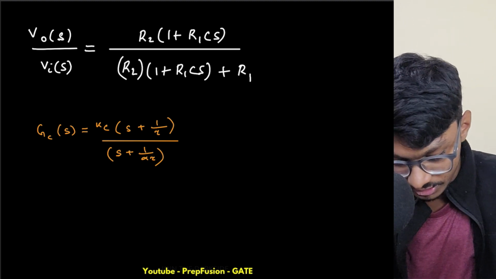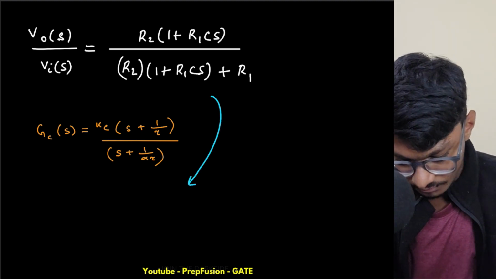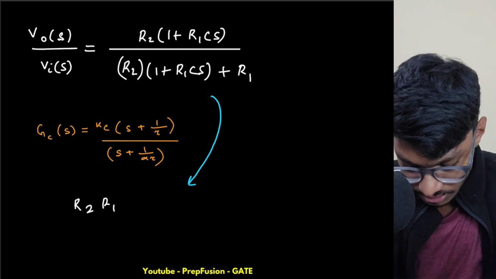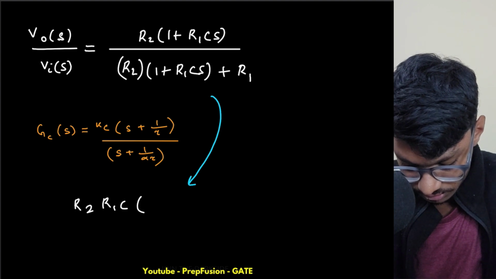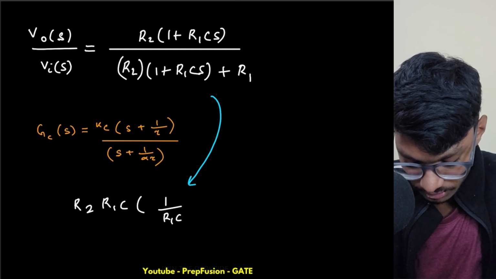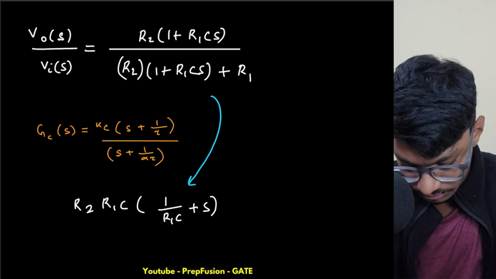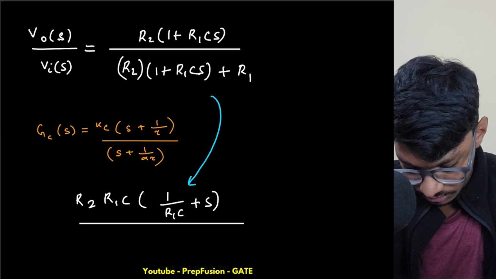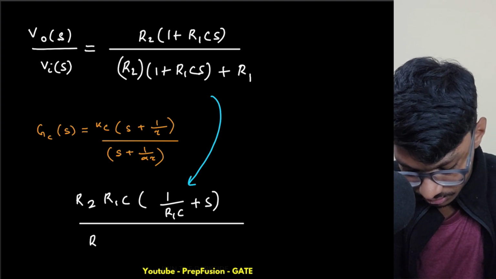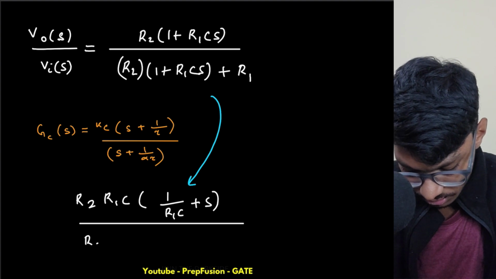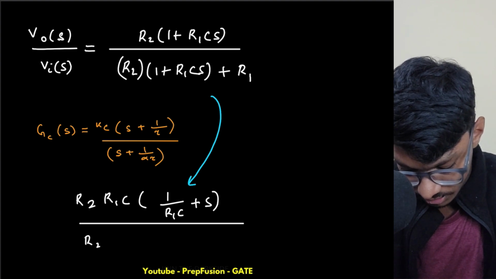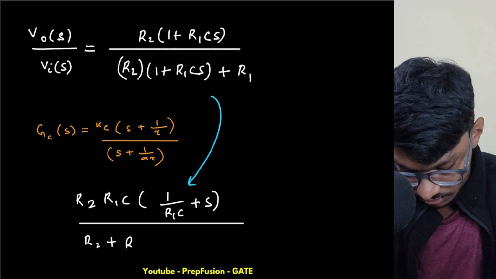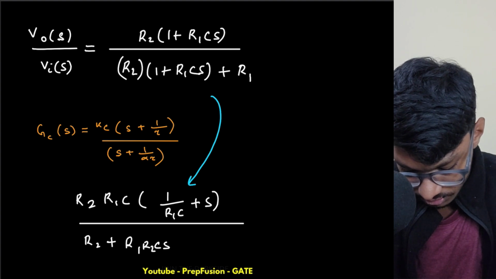So first this will be R2, and I will take R1C common over here: 1 by R1C plus s, divided by R2 plus R1 R2 Cs plus R1.